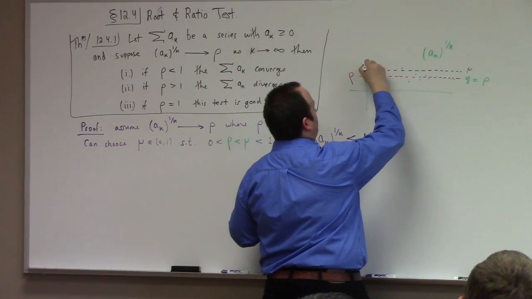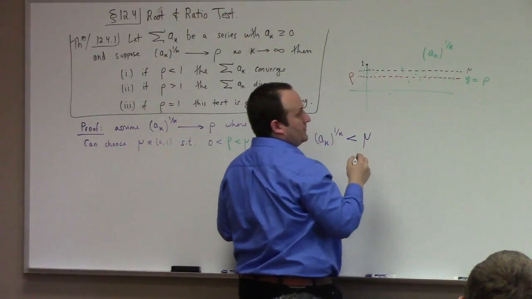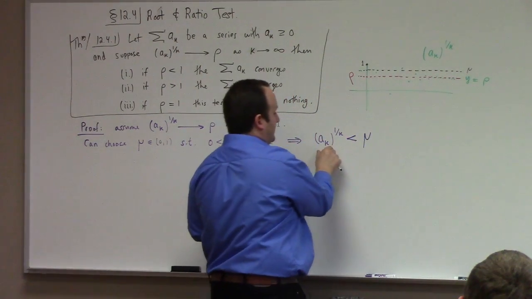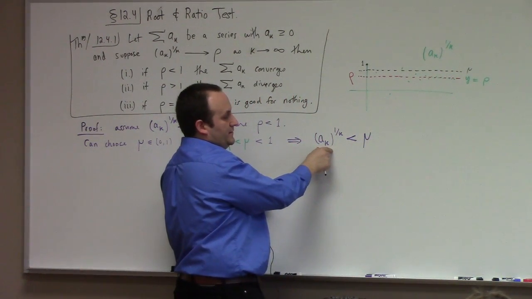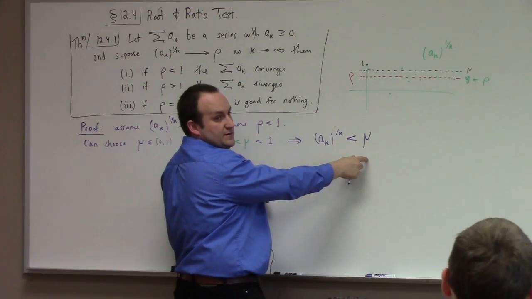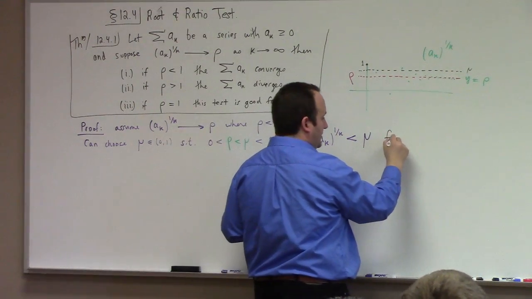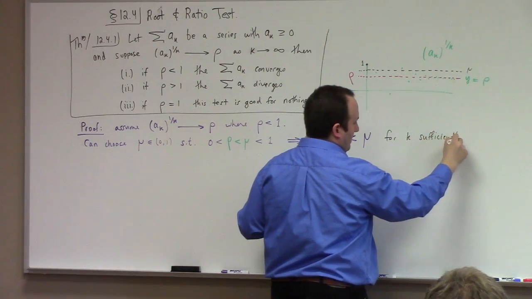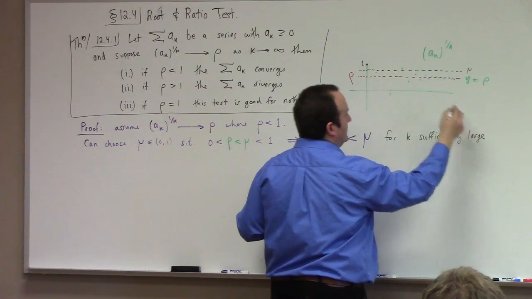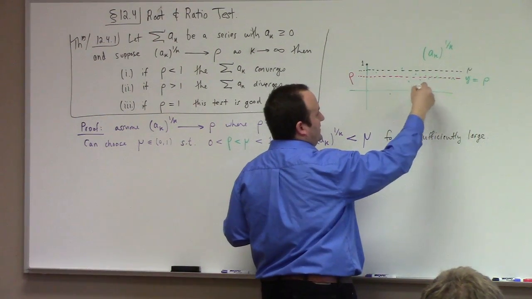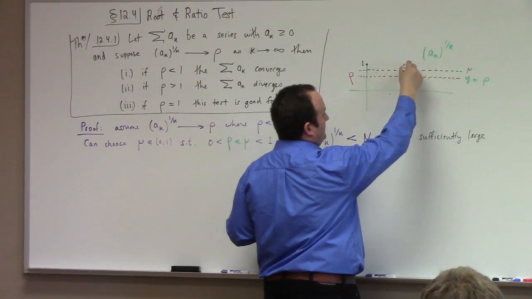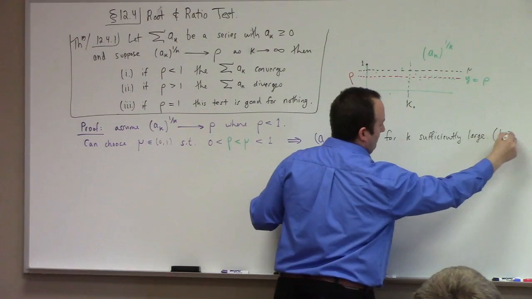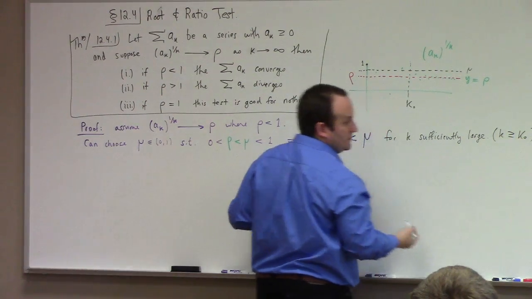And here's 1 up here. So if you go far enough out, all of the kth roots of a sub k must be less than mu, right? So for k sufficiently large. Does that make sense? Why you can do that? Here, the k sufficiently large would be basically here in my picture.